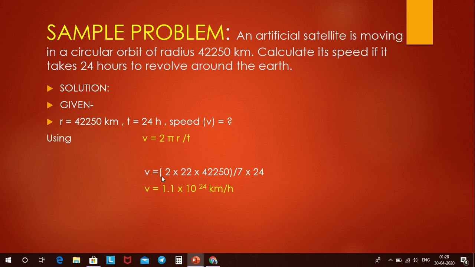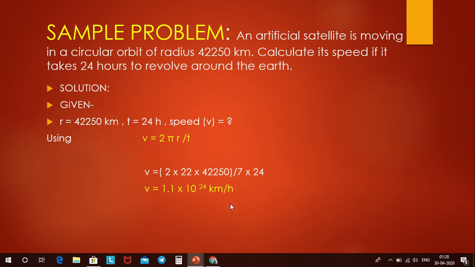So let us put in the values. V equals 2 multiplied by 22 by 7 multiplied by the radius 42,250 divided by 24. 24 hours is the time taken. So when you solve this, you will find 1.1 into 10 to the power 4 kilometer per hour.